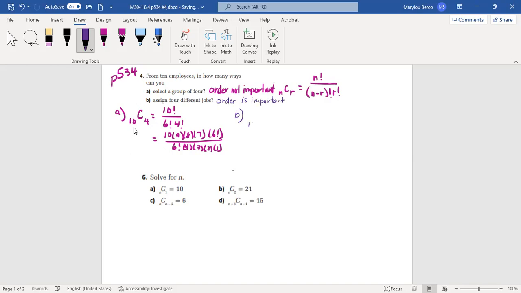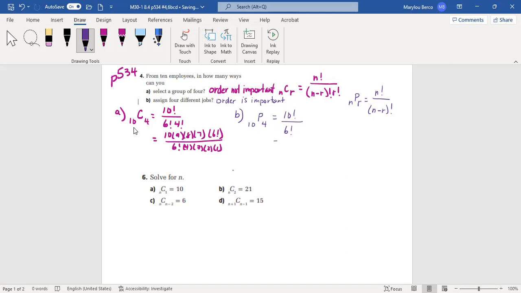We have 10 pick 4, which is 10 factorial over 6 factorial. Essentially we have nPr, hopefully you remember, equals n factorial over n minus r factorial. My n is 10 here and my r is 4.